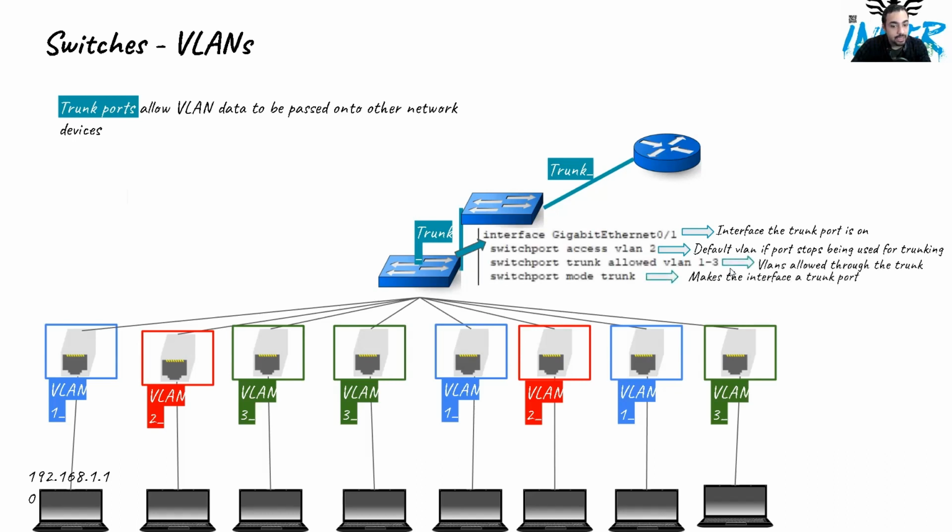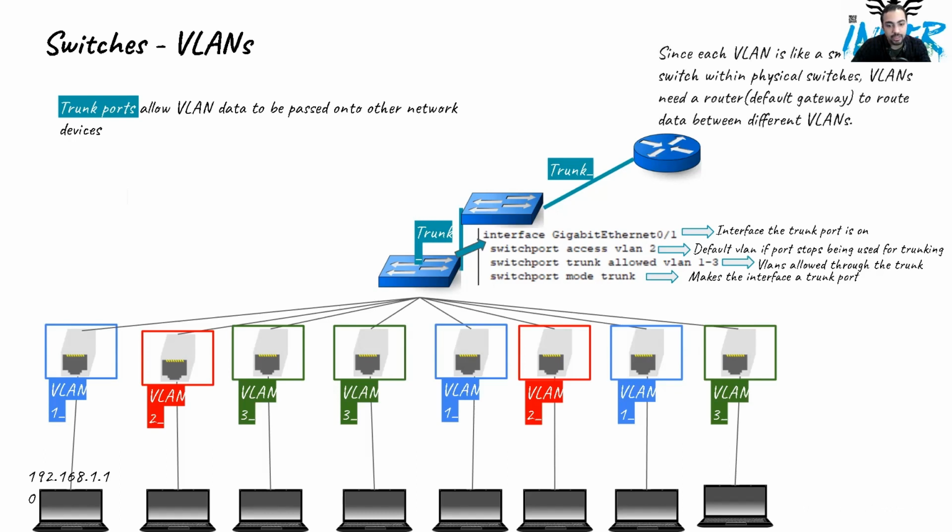And then these are the allowed VLANs, the VLANs allowed to go through the trunk. We could say, if we wanted, only 1 and 2 can go through, or only 1 can go through. But in this case, we have 1 through 3, so all 3 of them are allowed to go through. And this bottom line just means that this port has been assigned as a trunk port: switchport mode trunk.